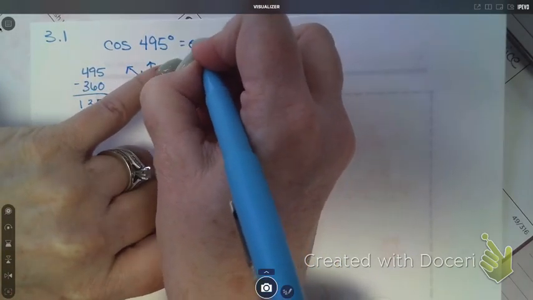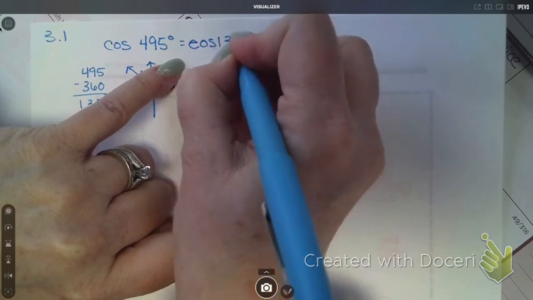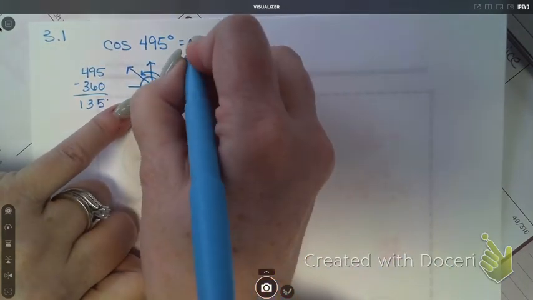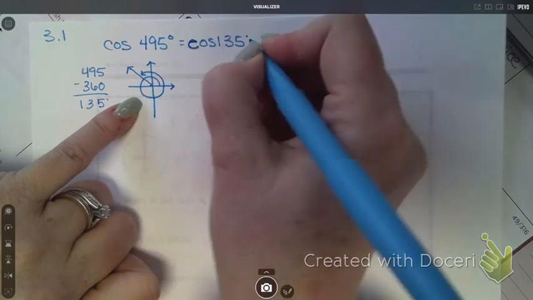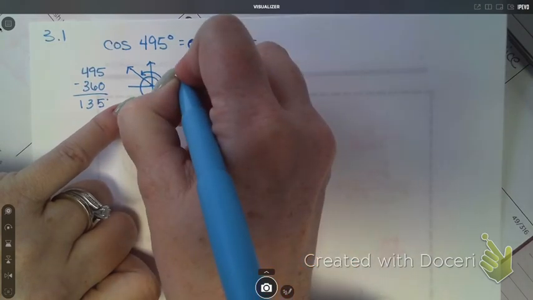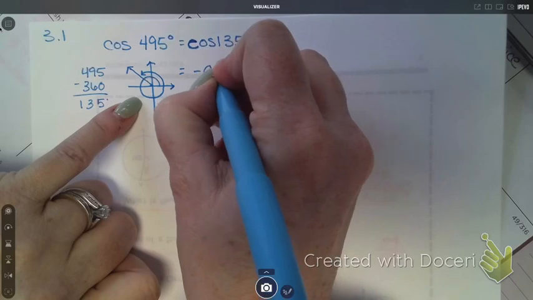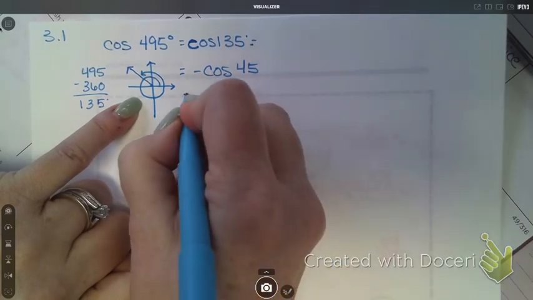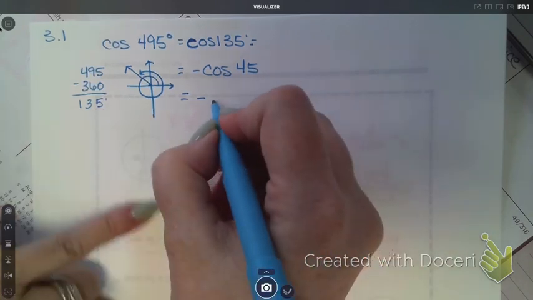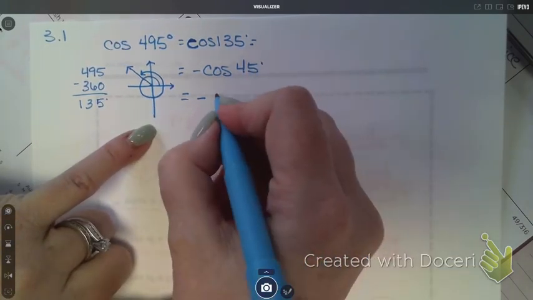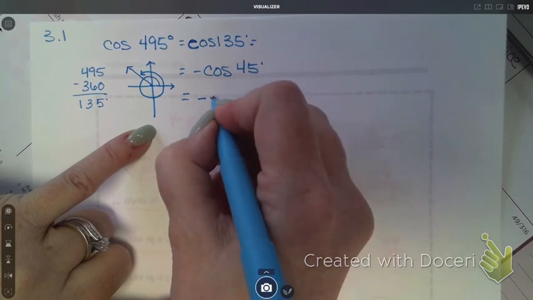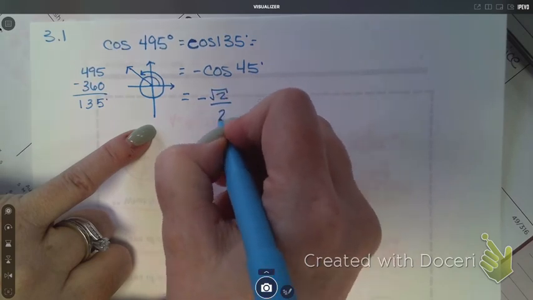I'm going to write the cosine of 135. So that's how we got our picture, right? That looks like an E. Which was equal to negative the cosine of 45. And the cosine of 45 is square root of 2 over 2. Another one you should know already, right?